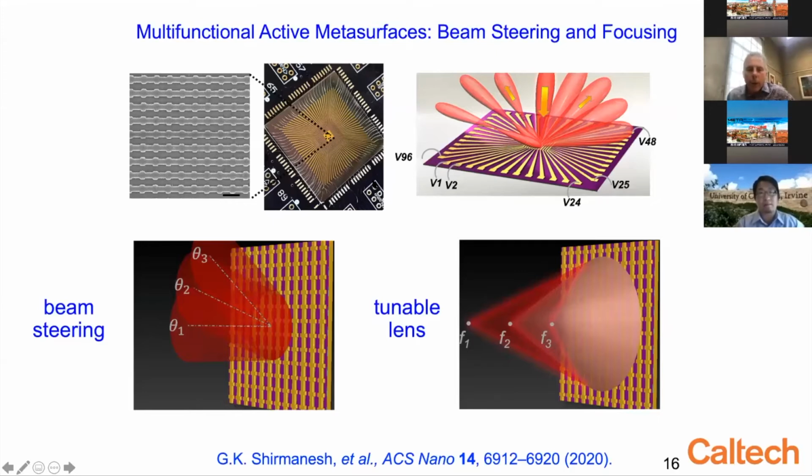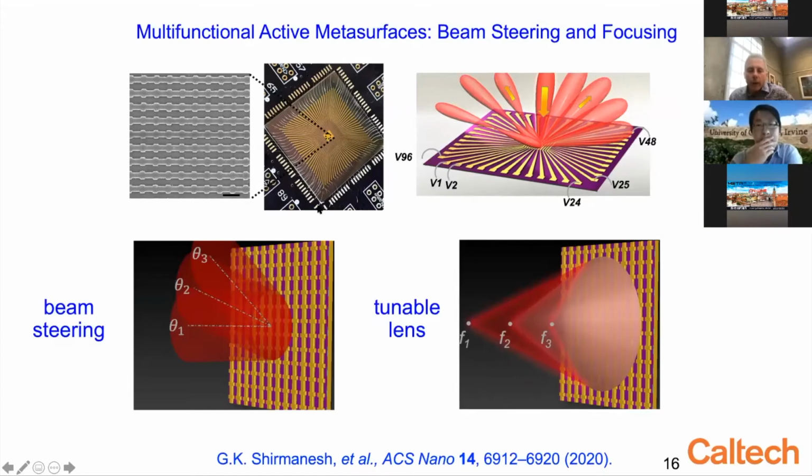So that means we can apply 96 different voltage levels to 96 antenna elements. And that capability allows one to modulate the phase gradient among these nominally identical elements to enable beam steering, or for example, wavefront shaping to create a reconfigurable lens with a reconfigurable focal length in reflection.